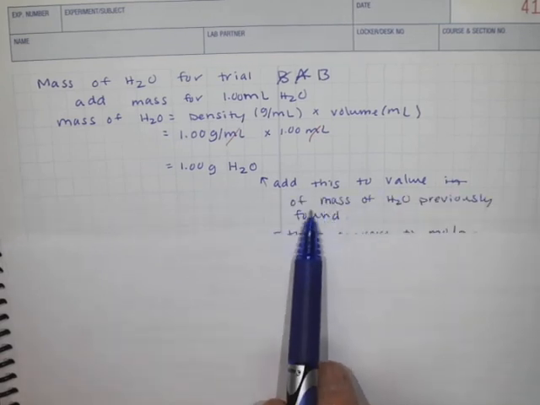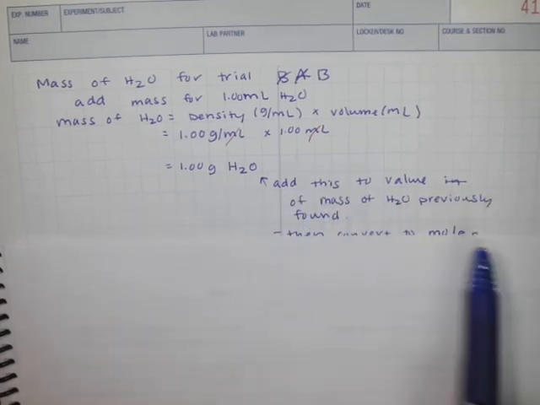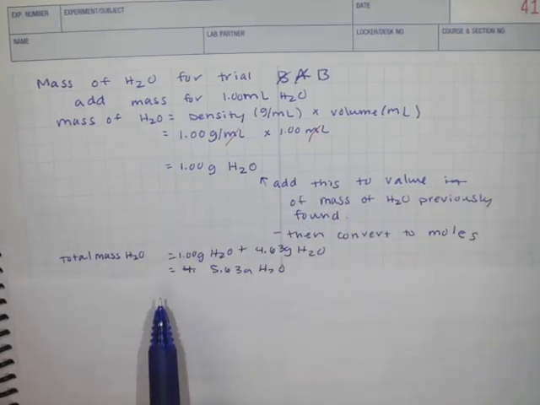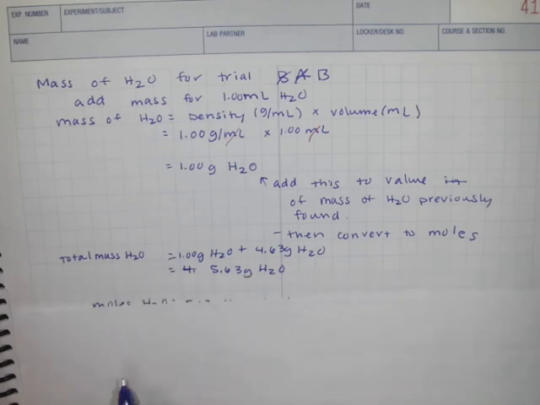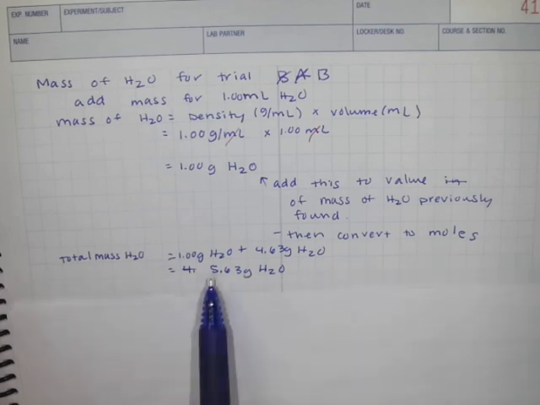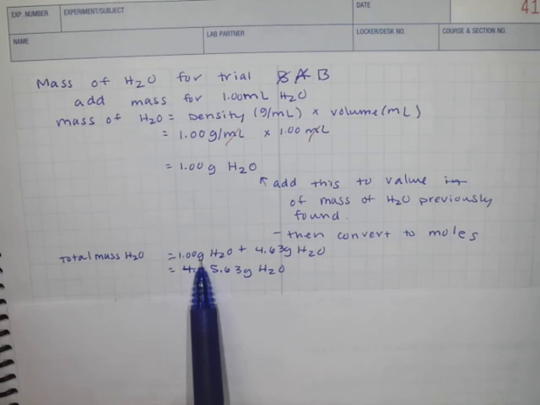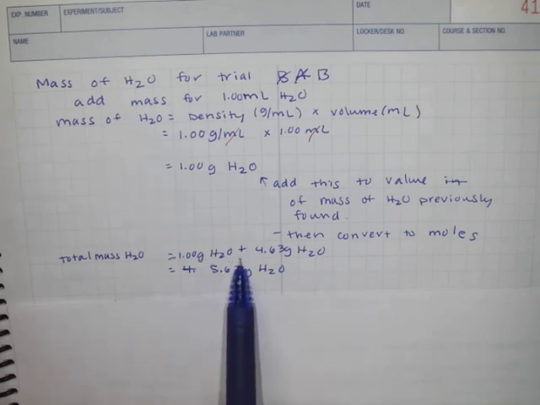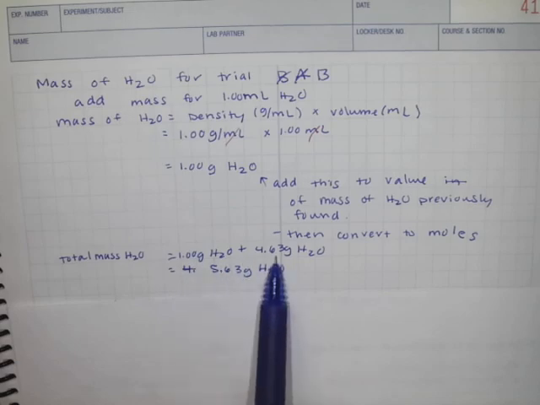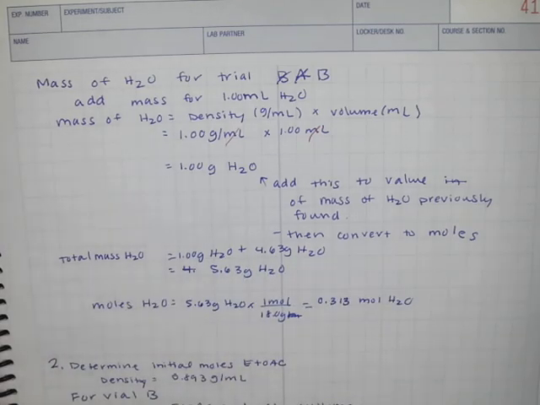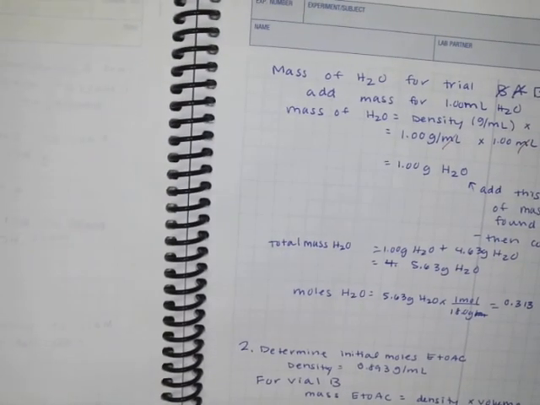So this you're going to add to the value of the mass that you just found. So this is 1.0 grams of water plus 4.63 grams of water. I'm just going to go back a page so you can see what I'm talking about here.